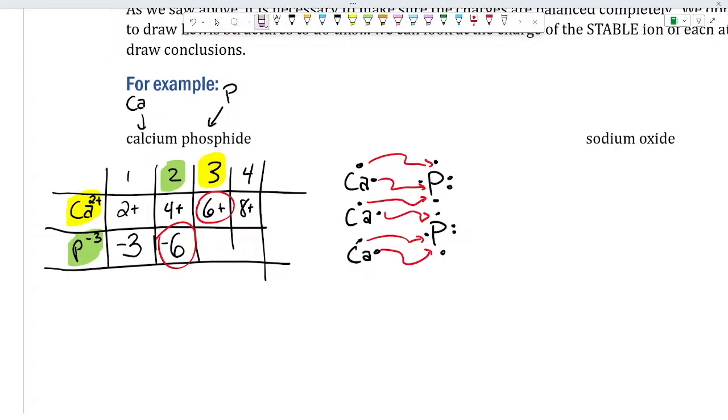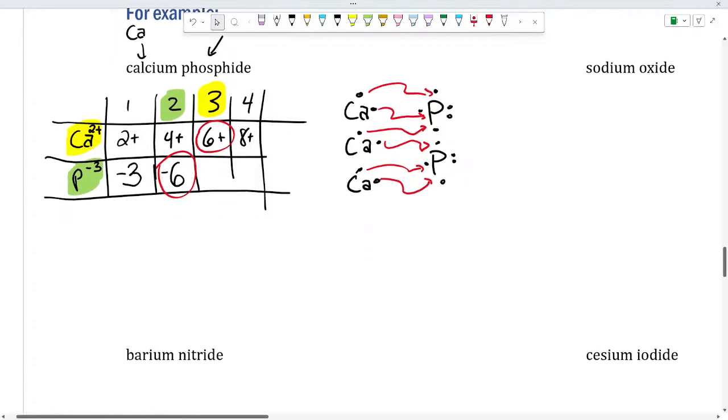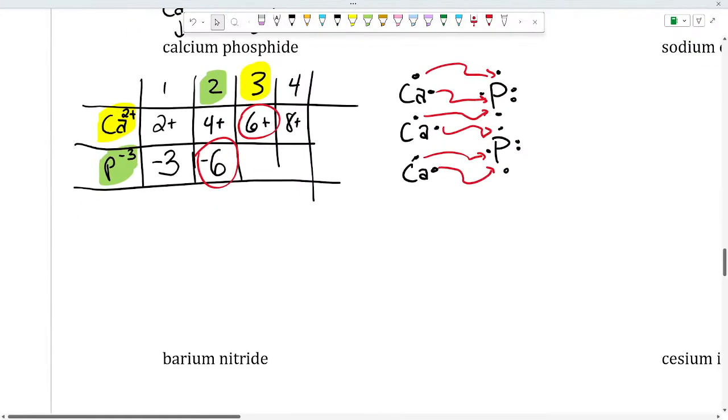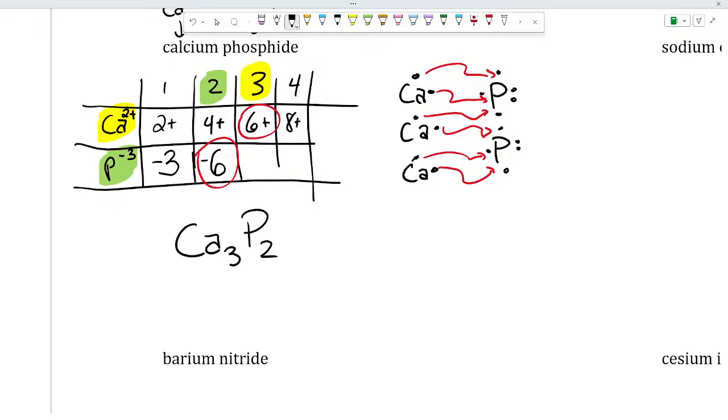But I'm also not here to tell you what you have to do if you have a system that works. So then, how many calciums do we need? 3. And how many phosphoruses do we need? 2. So Ca3P2 is the chemical formula for the compound calcium, and we don't say phosphoride, we just say phosphide. Good. That's calcium phosphide.